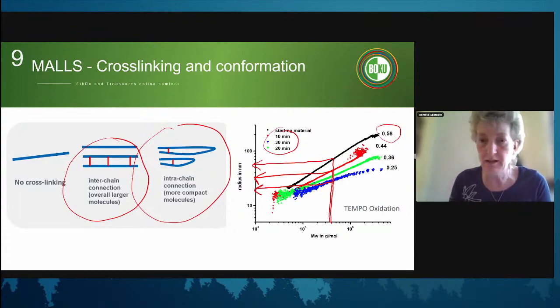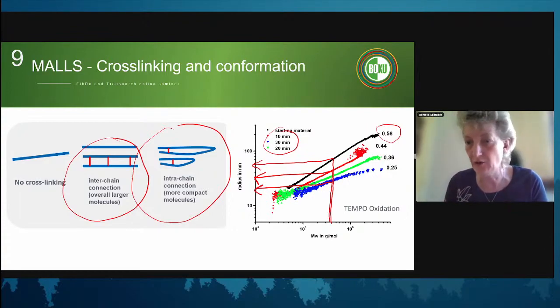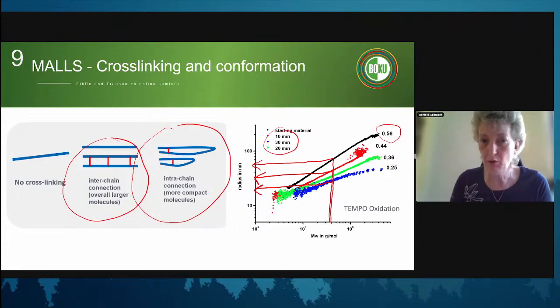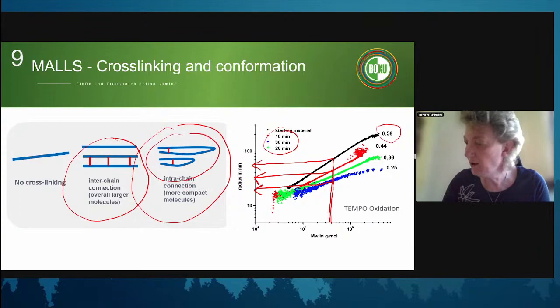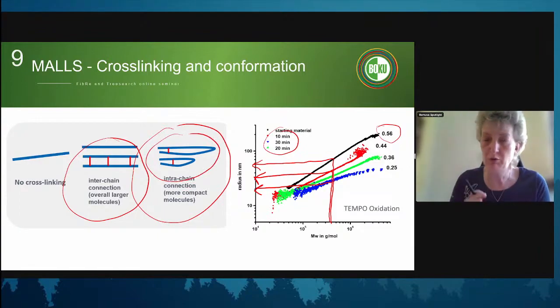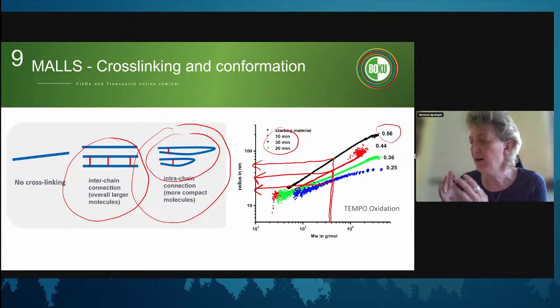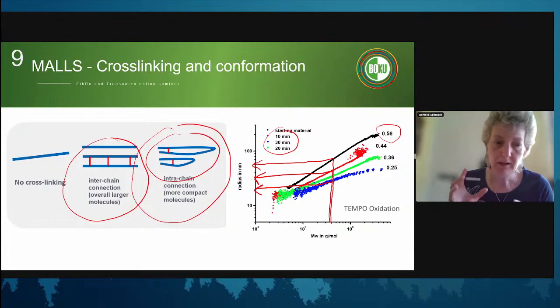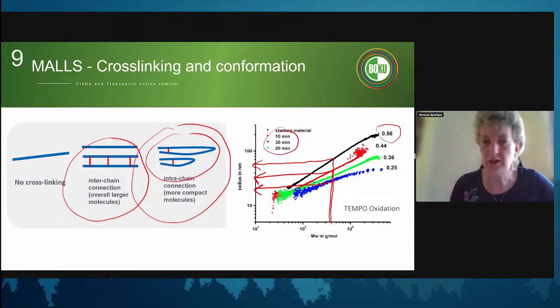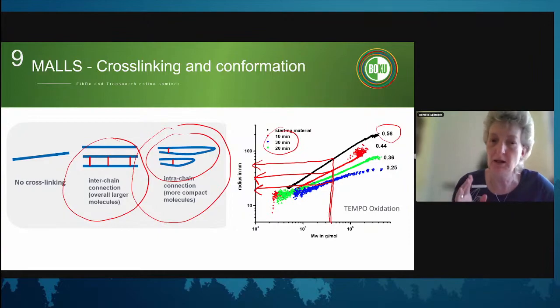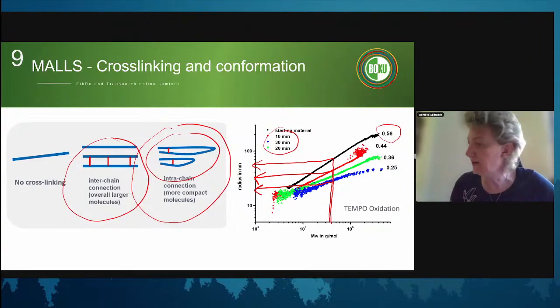After that, we run into insoluble fractions, so we cannot dissolve this anymore. We still have the same molar mass, but we cross-link and the molecule becomes more compact. From the conformation plot we can judge the degree of cross-linking, and if you have a strictly linear molecule, you can even calculate the number of cross-links.